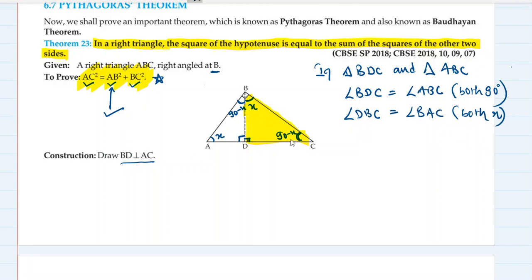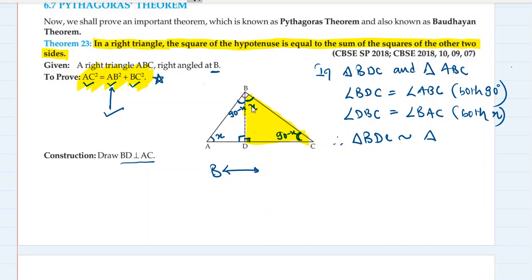So I'm proving this small yellow triangle and the big triangle ABC similar. Now let us figure out the correspondence. In the small triangle BDC, B corresponds with which part of the big triangle ABC?